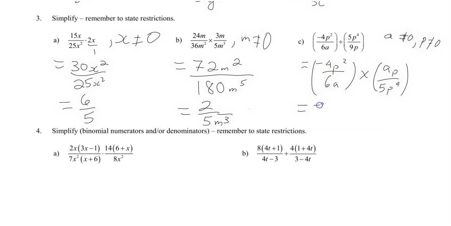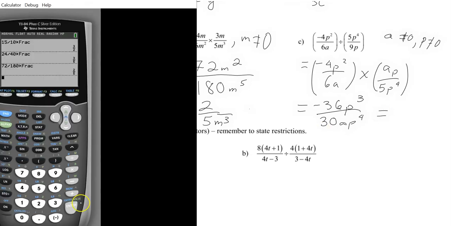Let's multiply this out. We get negative 36 p cubed, right? Multiply powers with the same base, you add, over 30 a p to the 4th. Now you can plug that into your calculator if you want. So 36 over 30, or you can go negative 36 divided by 30.